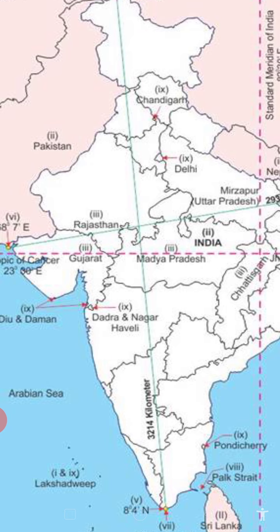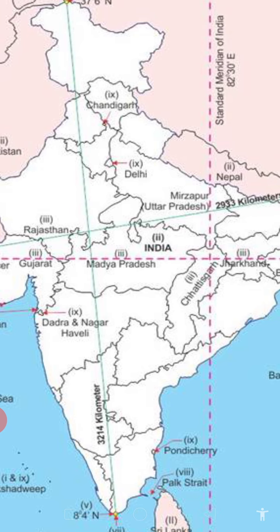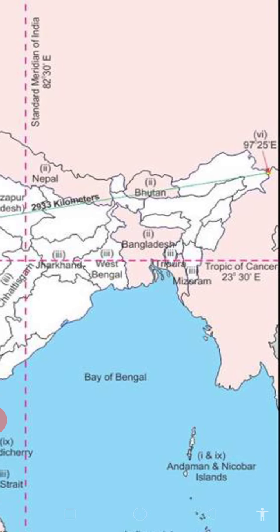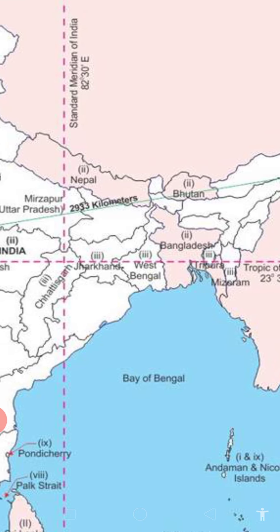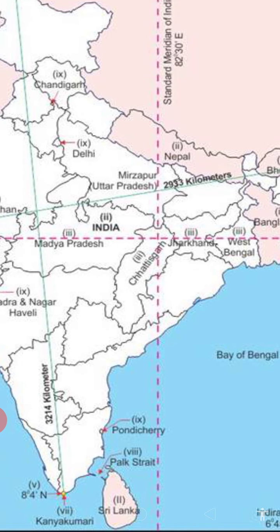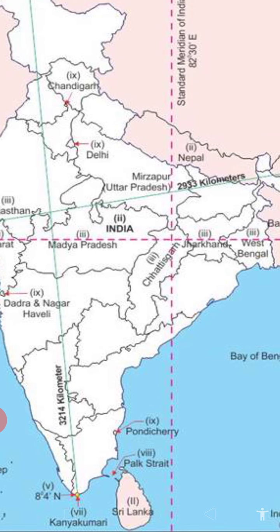You see these pink dots; this is the Tropic of Cancer line. It divides the country into northern and southern parts, north to south. And the standard meridian of India divides the country between west and east.